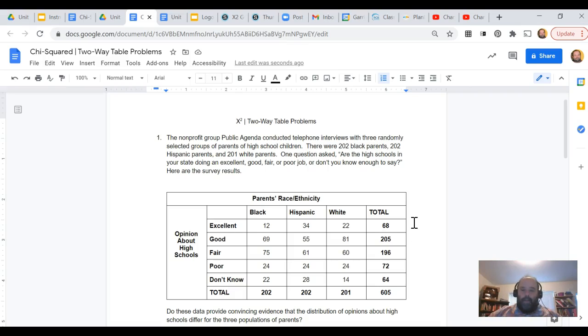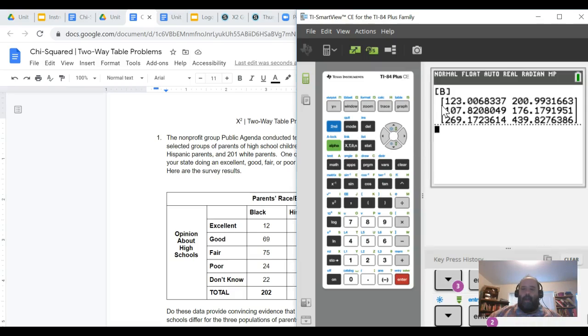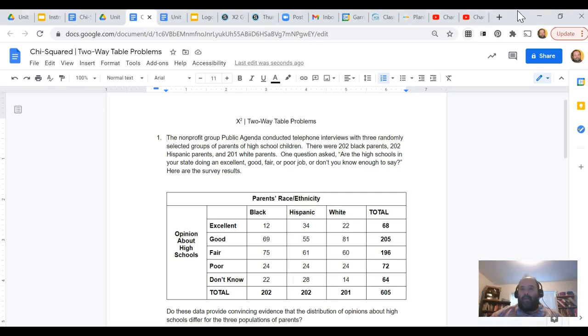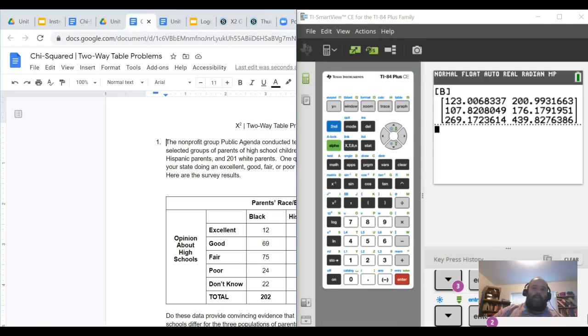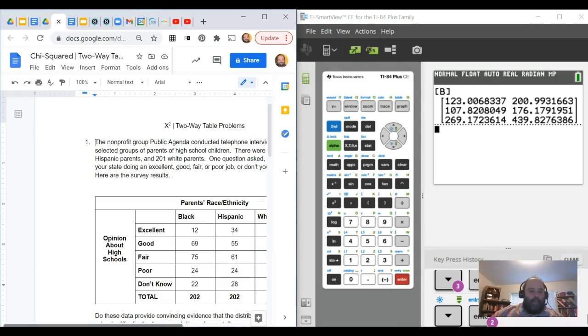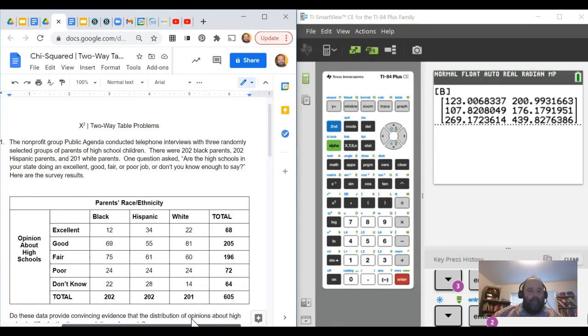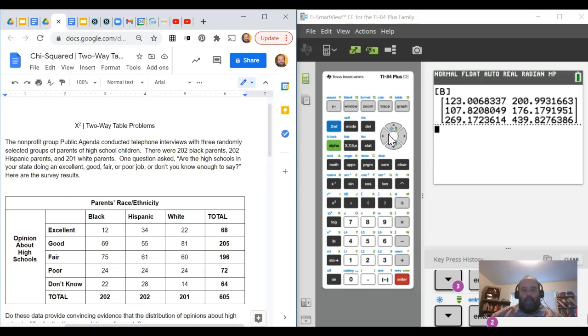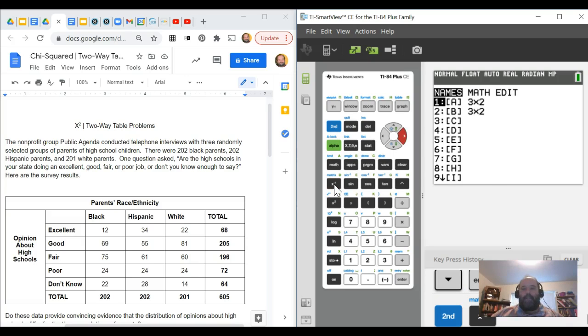All right, so let's get that table into the calculator. Let me bring this over to the left, so I have the table and the calculator all on the same screen here. There we go. How to get the table into the calculator: I'm going to go into second, and it's this X inverse button, which allows me into matrices.